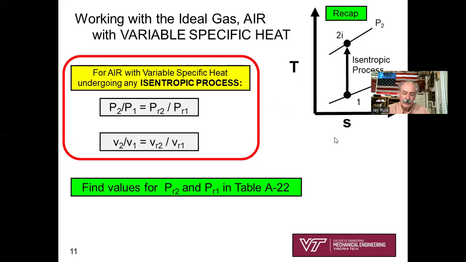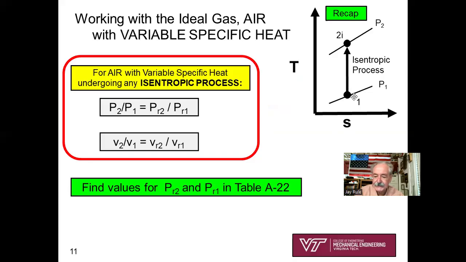To drive that home, here's an example. This is an example TS diagram for an isentropic process, going from P1 up to P2. So my process is going to be state 1 to state 2i.